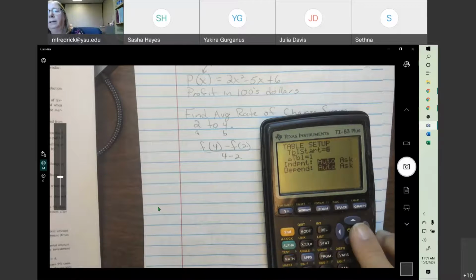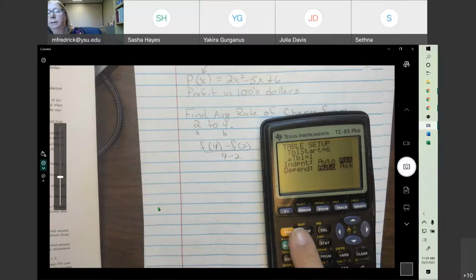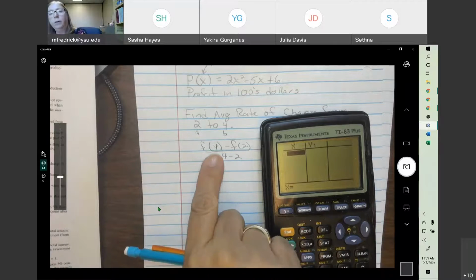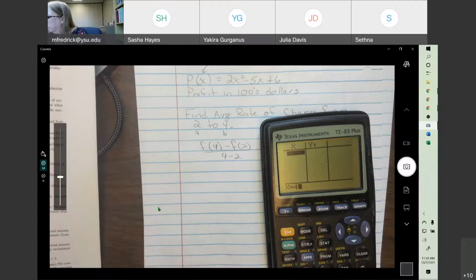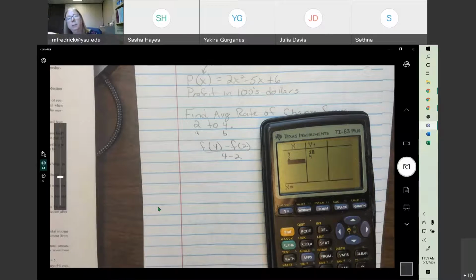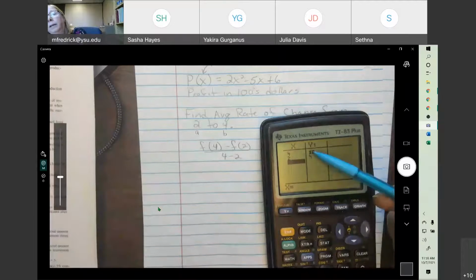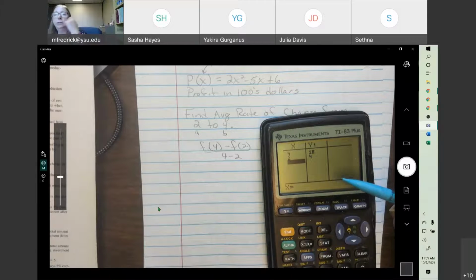Notice my auto is highlighted. Go to ask. Second and quit. Now when I go to table, it will let me plug them in. And I want 4 and 2. And there's your two values. So I think it's a quicker and easier way, and maybe we understand it better because you could see it as a point. This is the 4, 18, and this is the 2, 4. Any questions on that?